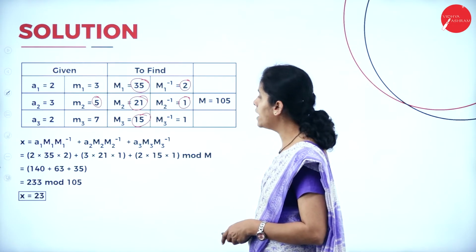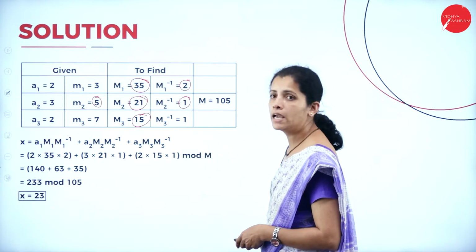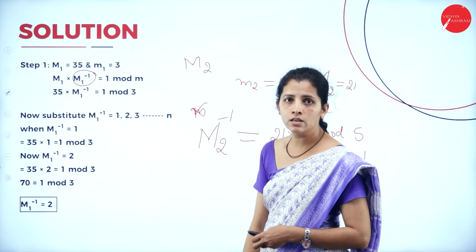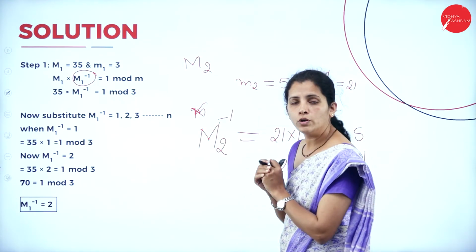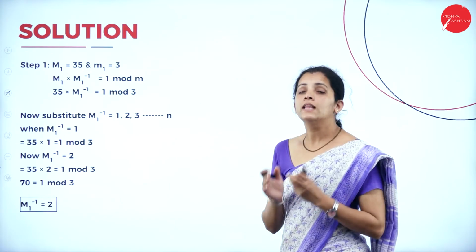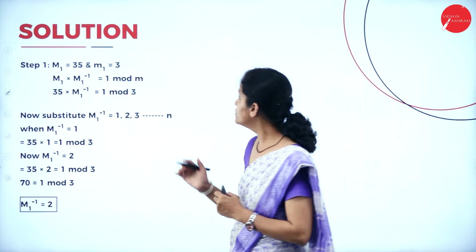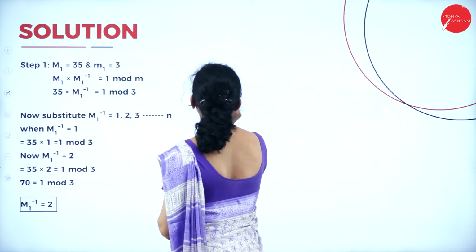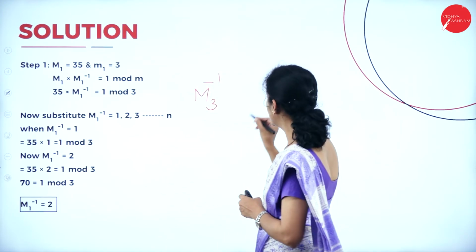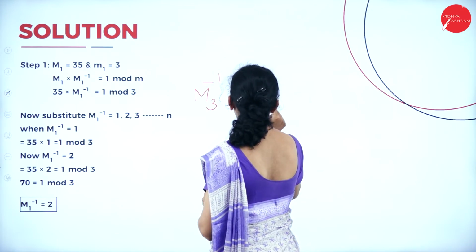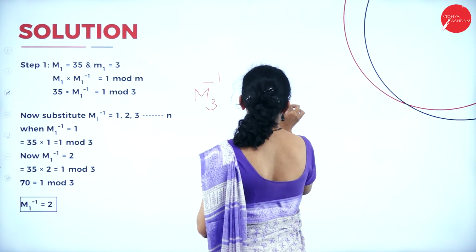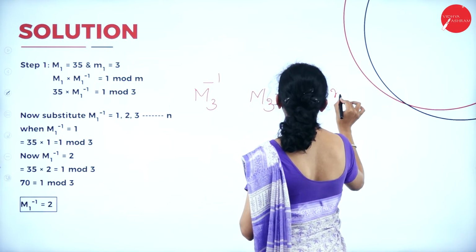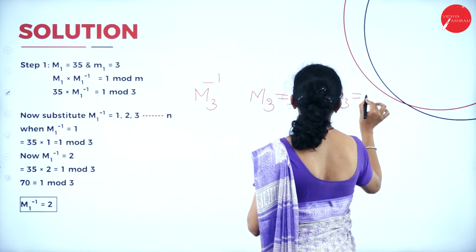Now I want to find out M3 inverse. To find M3 inverse, I am going to erase this. Now dear student, let me find out M3 inverse. What are the things I required? I required capital M3, that is 15, and small letter m3, it is 7.